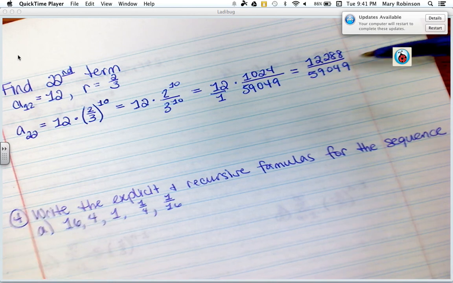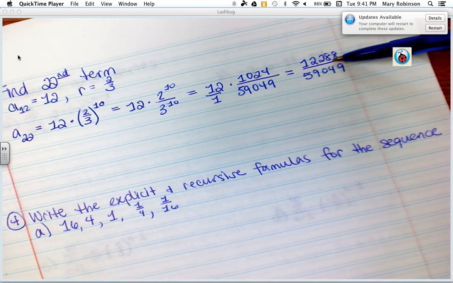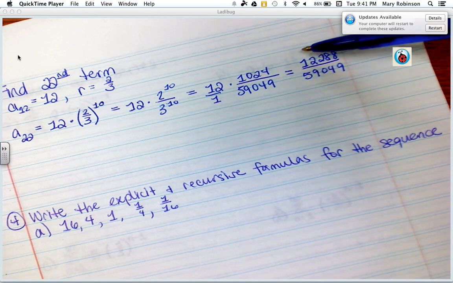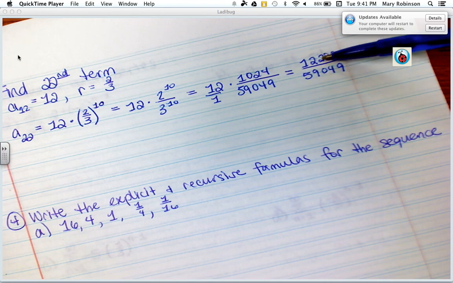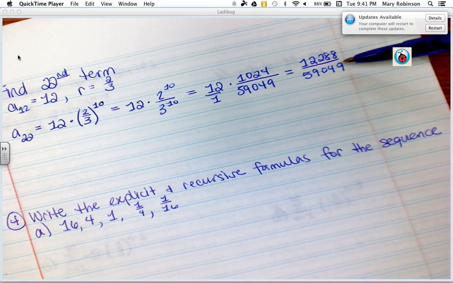So if we add up the digits in the numerator, we'll get 8 plus 8 is 16, plus 2 is 18, plus 2 is 20, plus 1 is 21. So we know the numerator is divisible by 3 because 21 is divisible by 3. So let's check to see if the denominator is divisible by 3.